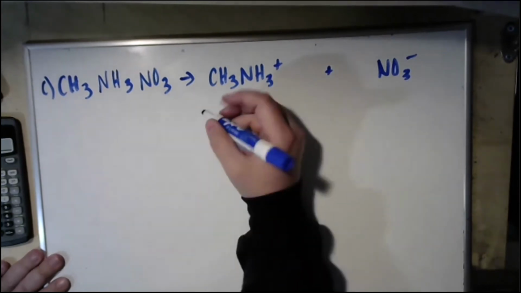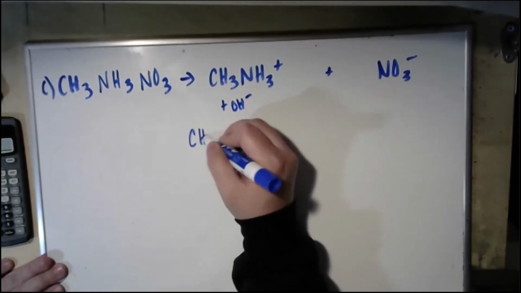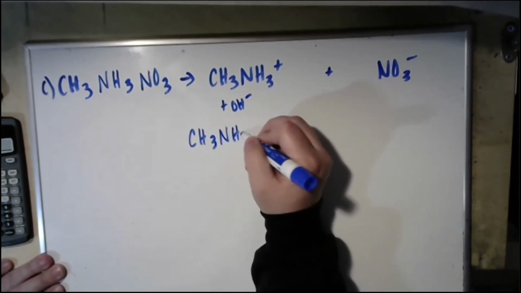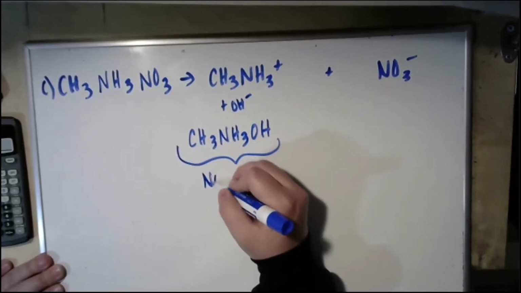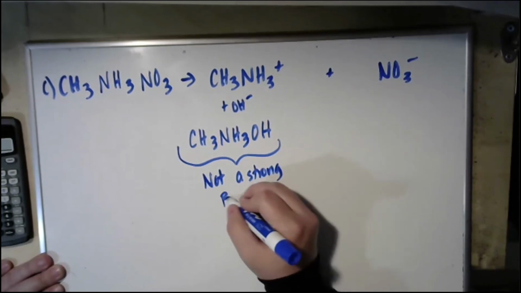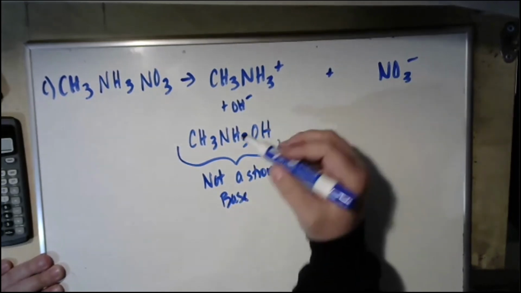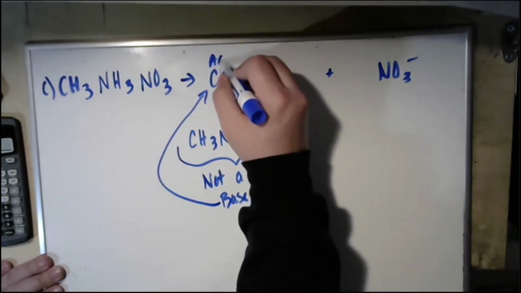If I add a hydroxide to this, I'm going to end up with this, which is not a strong base. That means that this ion here is acidic.